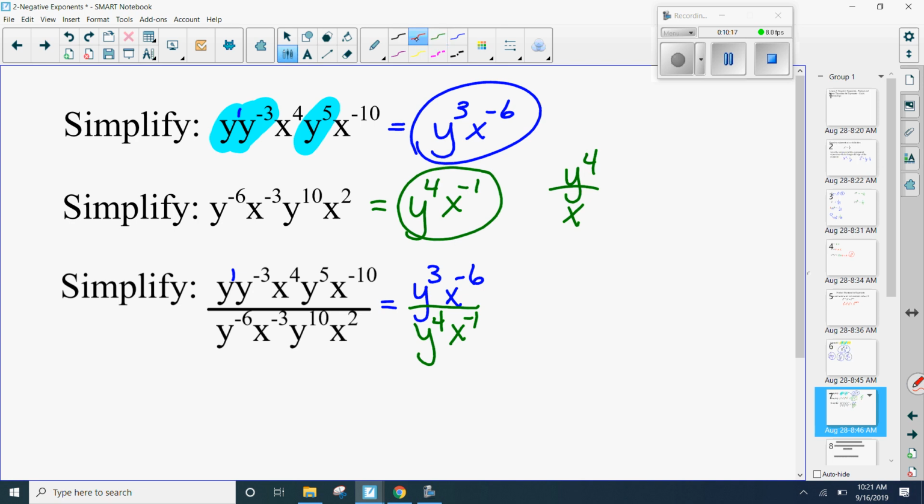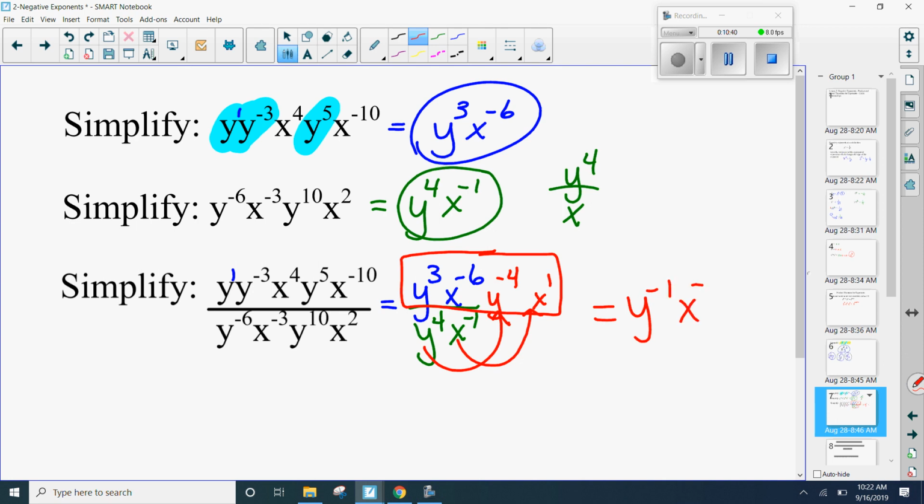When you have it in this format, now you're only moving two variables up, y to the negative 4th, x to the 1st. So now what you want to do is focus on just adding those exponents together, which gives you y to the negative 1st and x to the negative 5th. And there's your answer. If you wanted as positive exponents, it's going to be 1 over x to the 5th, y to the 1st.